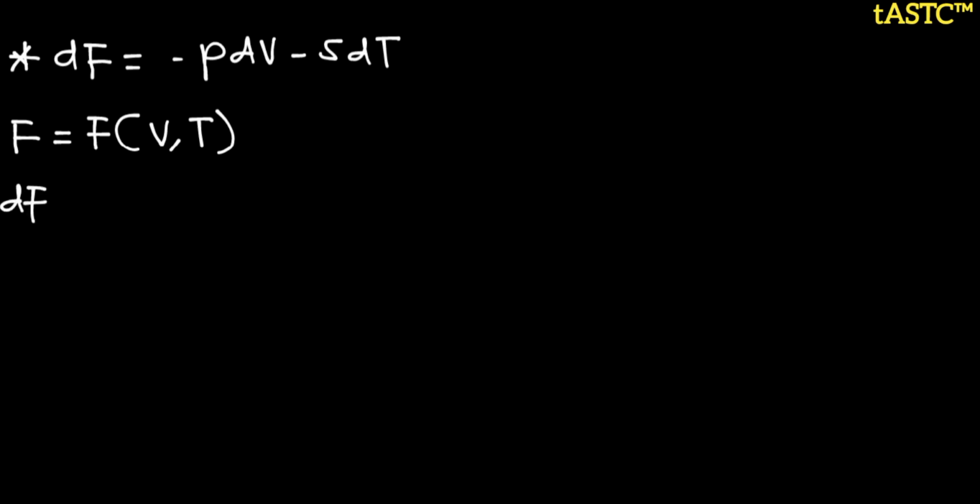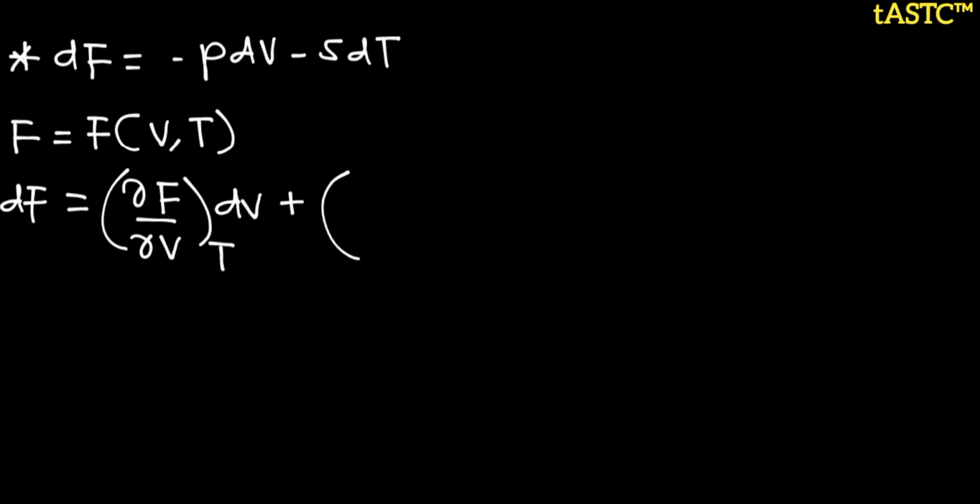So the natural derivative of that is going to be partial f partial v, and this will be at constant T, multiplied by dV, plus partial f partial T at constant V multiplied by dT.